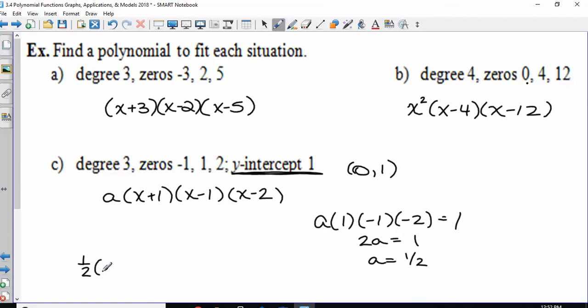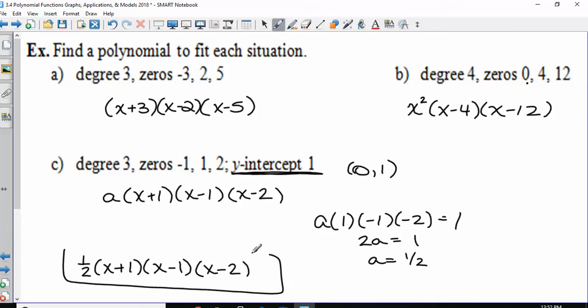So a is 1/2. So in order to meet the requirements given, having that y-intercept, we did have to find the coefficient this time. So those were on the homework a couple days ago. Just kind of refreshing our memory here.